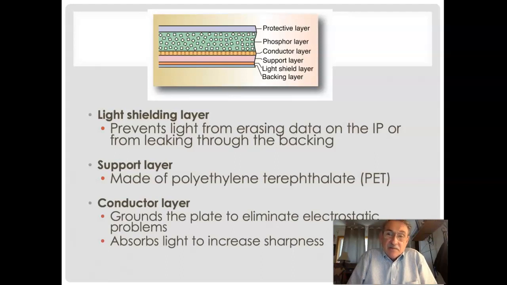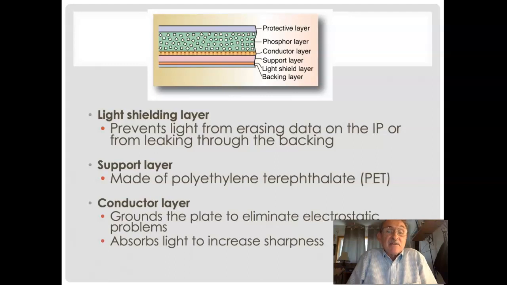So from that perspective, we have a light shielding layer. We have a support layer made of polyethylene terephthalate. It's made of plastic. How about that? And it gives support to that photostimulable phosphor plate.